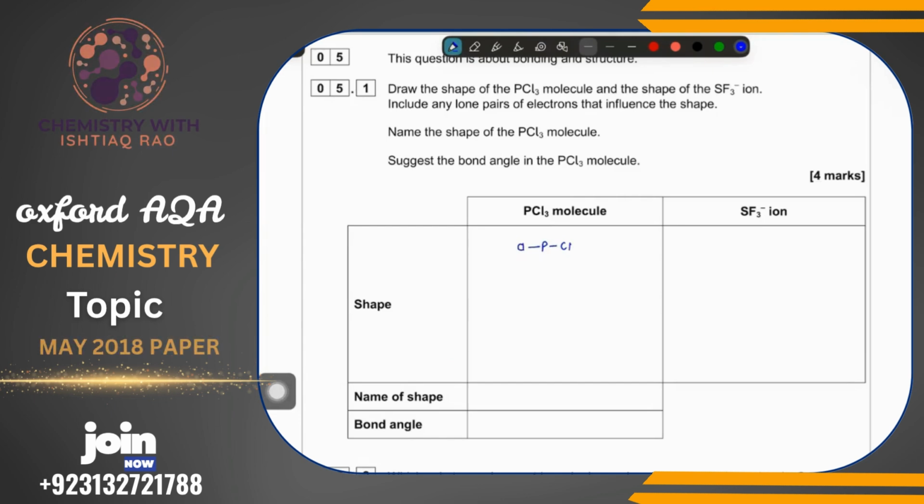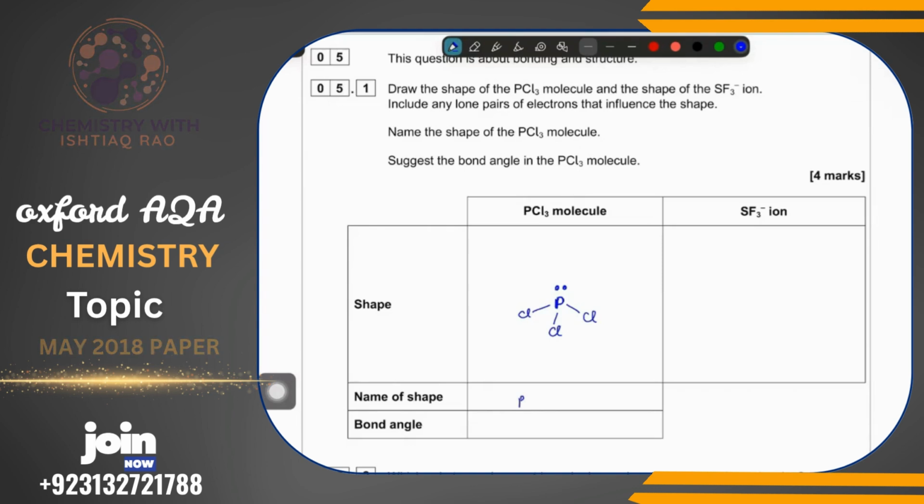Draw the shape they are saying. Okay, so do I have to draw it with the outer shell electrons or something like that? It's a pyramid shape.